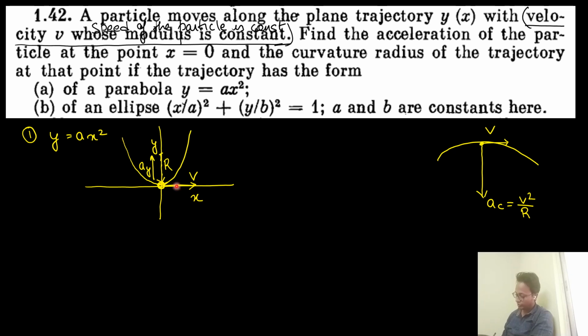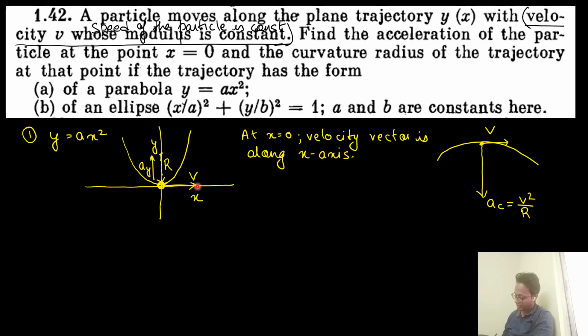So at x is equal to 0, the velocity vector would be along x-axis, and this velocity vector along x-axis has a constant value.